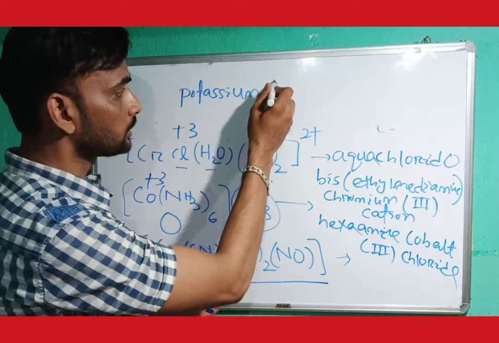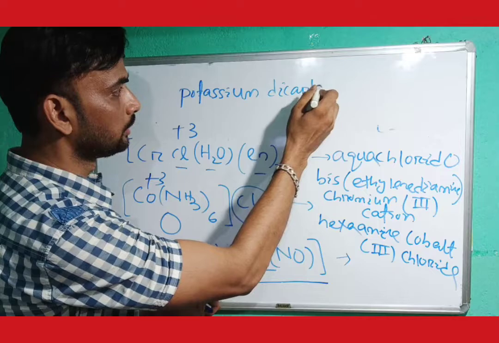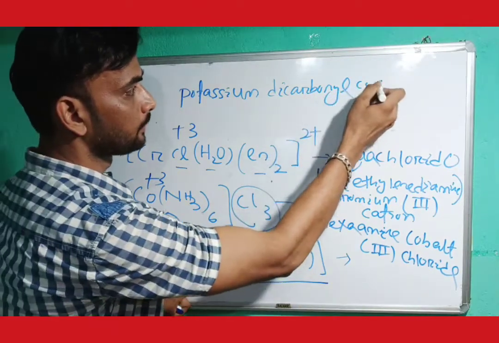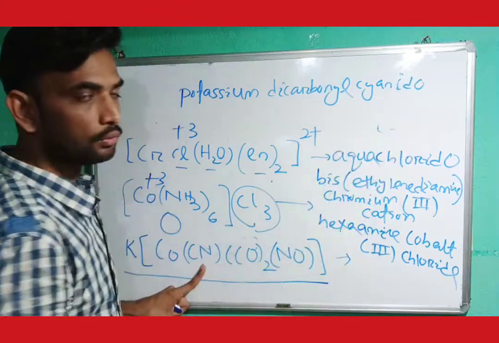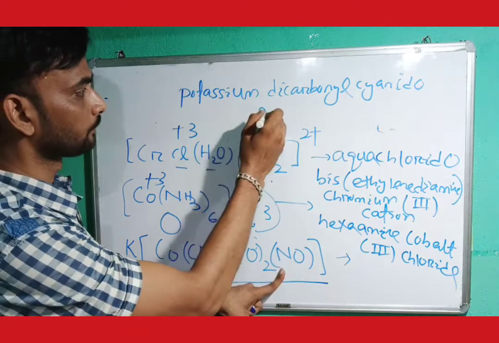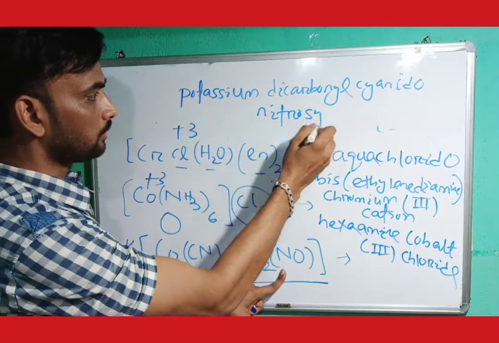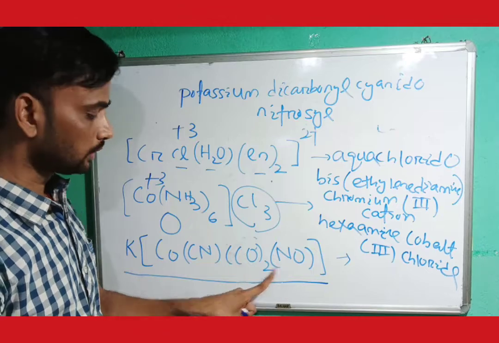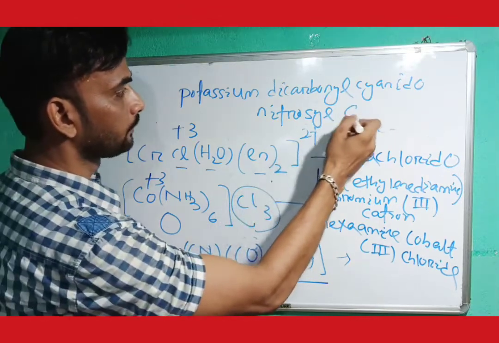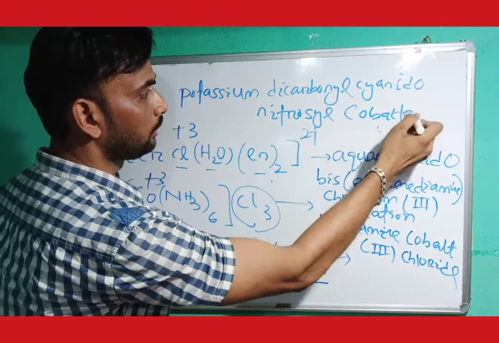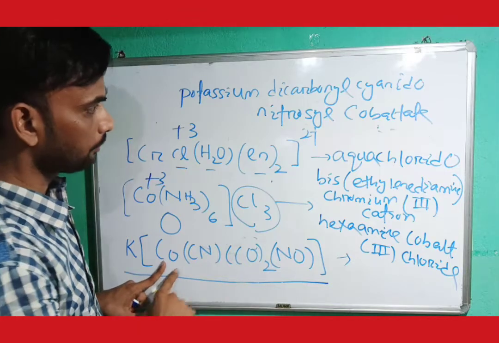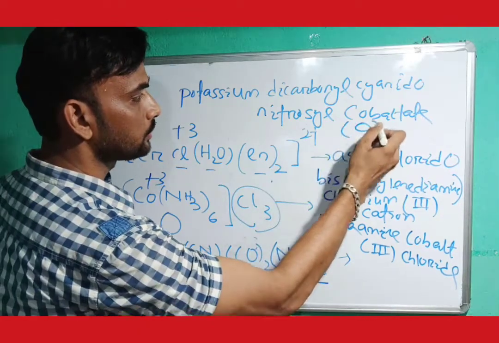That means potassium, space, then dicarbonyl, then cyanide, clear, cyanide, then goes to nitrosyl, then the metal atom, that is cobaltate, and after that the charge is taken as 0.